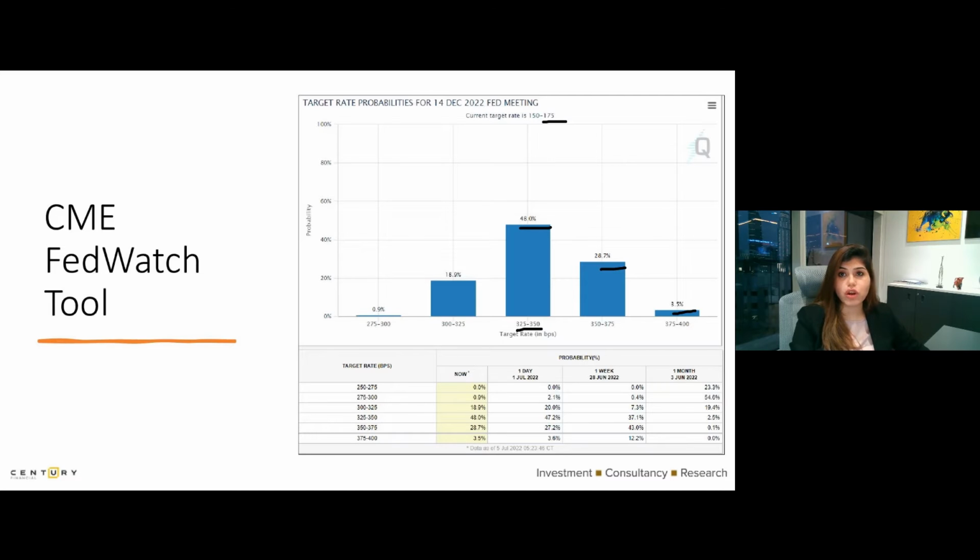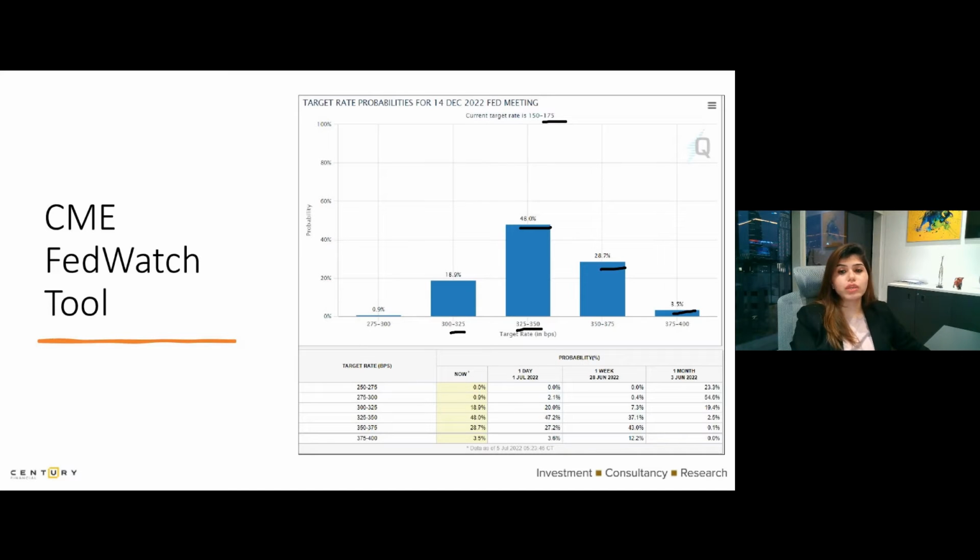There's a 20% chance that it will be 3.25%, but overall, there's almost 100% chance that the interest rate by the end of December 2022 will be a minimum of 3.25%. In fact, there's an 80% chance that it will be 3.5%. So this is what markets are projecting for the end of the year.